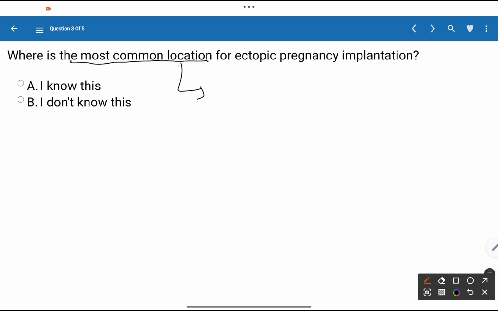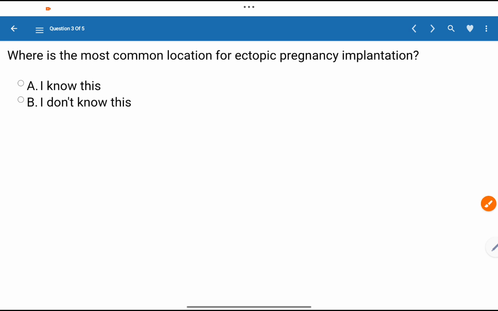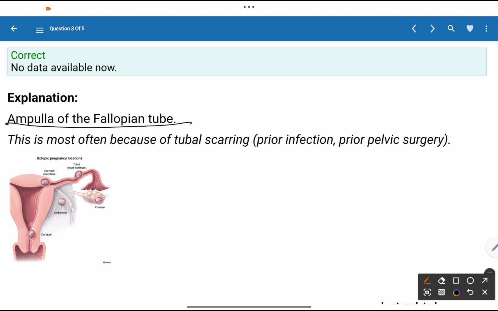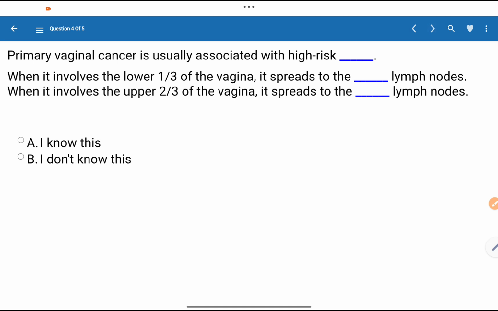As far as I remember, the most common location is the ampulla of the uterine tube, or fallopian tube, or oviduct. Since I know this, that's correct. The ampulla of the fallopian tube is the most common site for ectopic pregnancy. Other sites are the ovary, interstitium, abdomen, and cervix. These are all the sites for ectopic pregnancy.